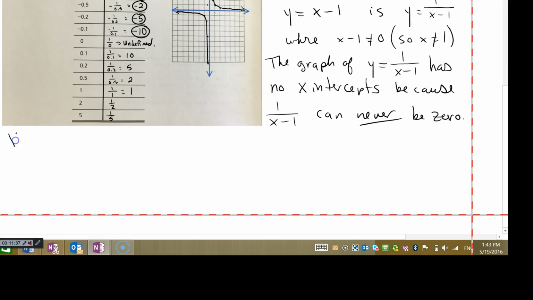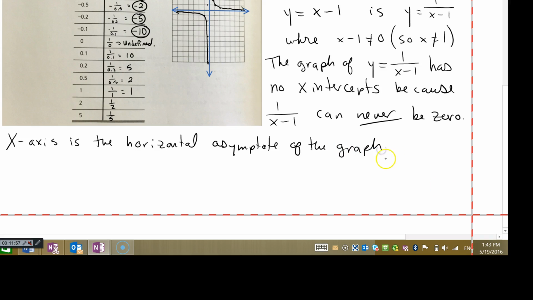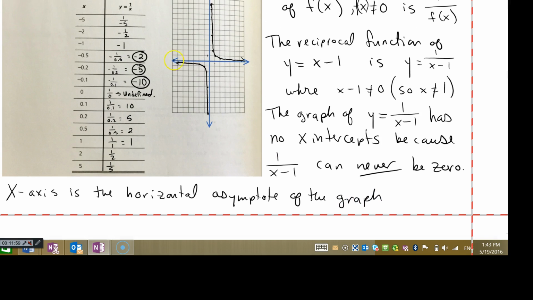So we say that the x-axis is a horizontal asymptote of the graph. So just like in this case here, we have the horizontal axis as an asymptote.